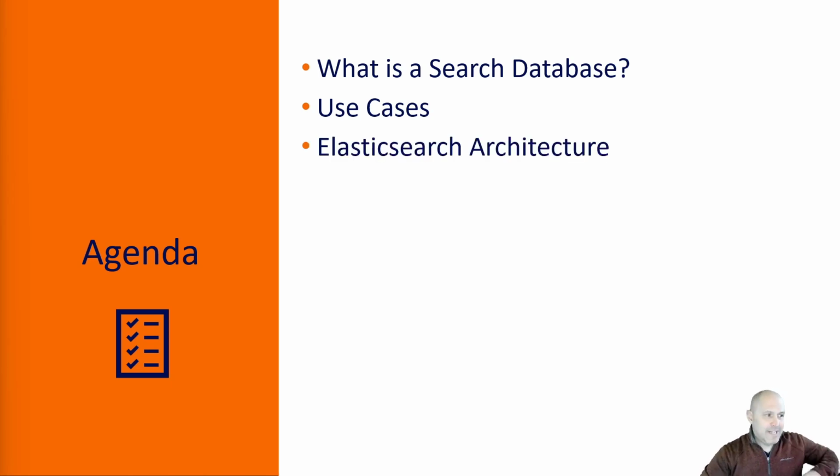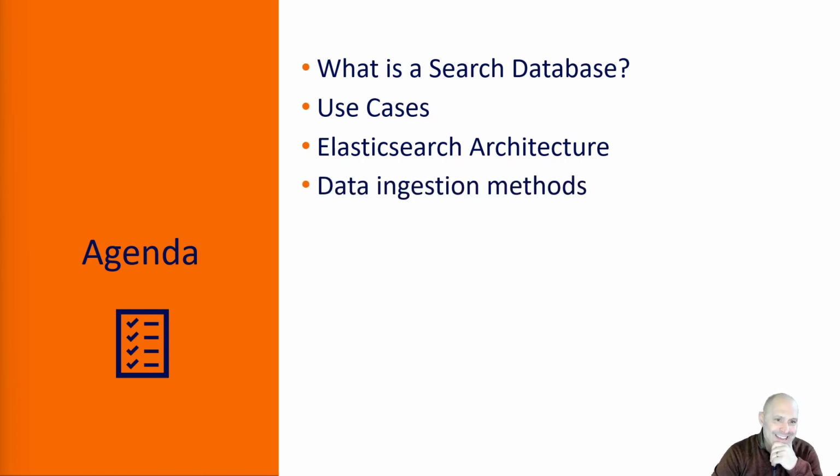Then we'll dive right into the Elasticsearch architecture, understand how data is stored in Elasticsearch, how Elasticsearch scales, and then we'll look at various ways that you can get data into Elastic. And then we'll conclude with a look at Kibana dashboards.